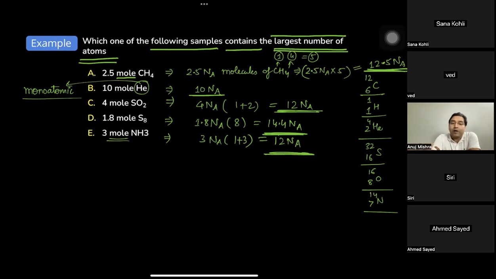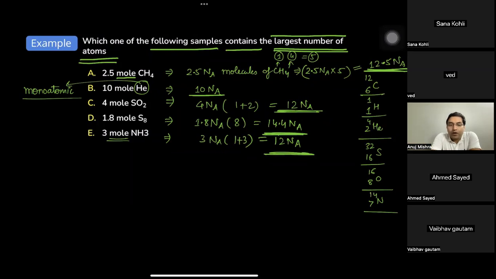Number of moles are given, first multiply Na. See, moles is given. Moles is collection of any number of things. So first I'm removing the moles word. I'm putting Na in place of that. So 2.5 moles is 2.5 Na things. What is that thing? CH4. Each CH4 is how many carbons? 1. Hydrogen, 4. Total 5. Multiply 5. You get total number of atoms.